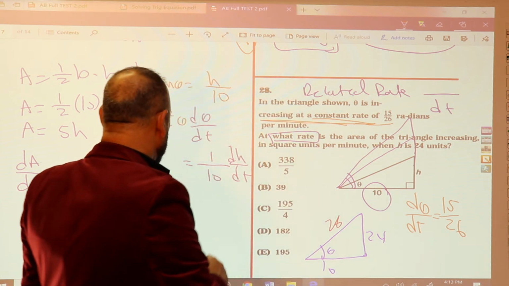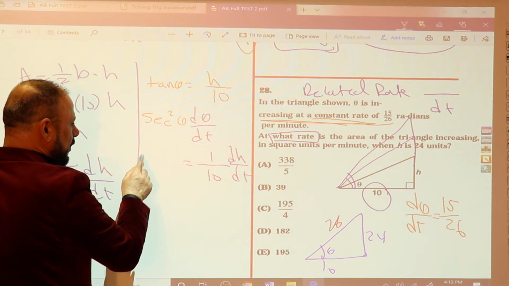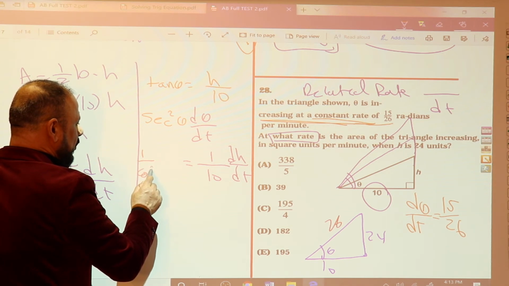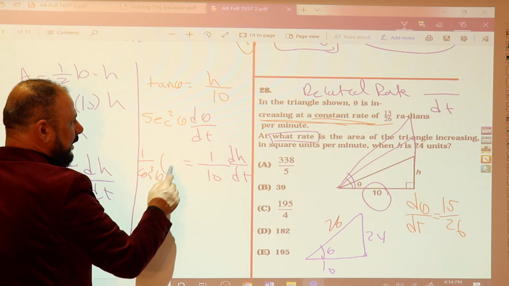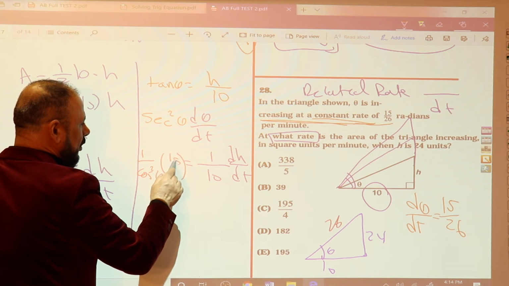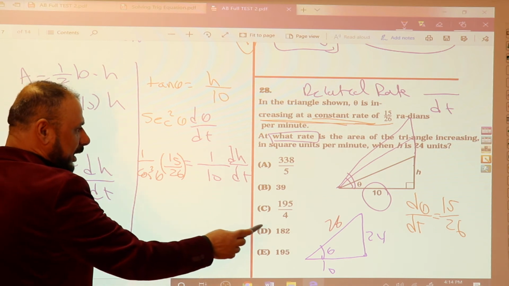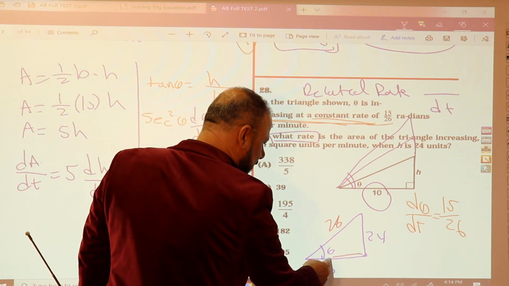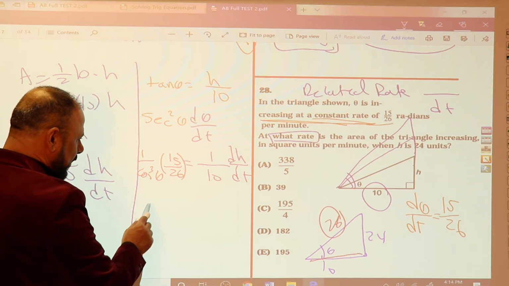Now all you have to do is, secant theta is 1 over cosine square theta, and d theta by dt is 15 over 26, given. What's cosine theta? 10 over 26, right?